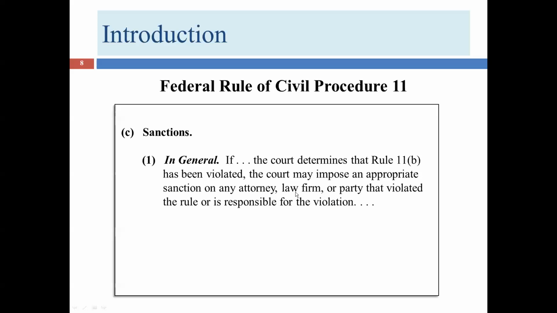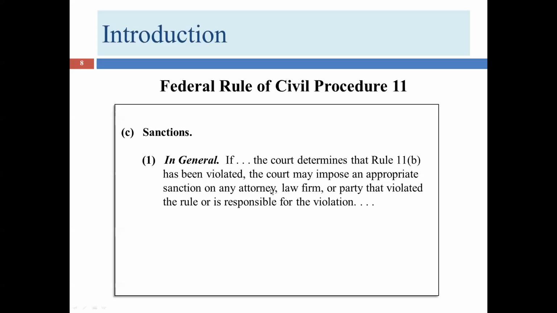The logic there might be, the court might say, look, the party didn't know what the attorney was doing. The party is kind of an innocent victim. The attorney was trying to be clever, to be obstructionistic by denying things that they knew to be true or making allegations that were clearly untrue. And the party may not have even known what was going on or may not have been legally sophisticated and not understood that that wasn't appropriate.